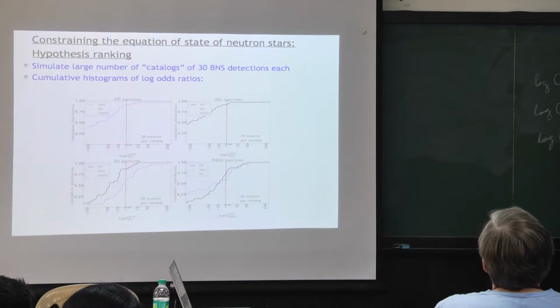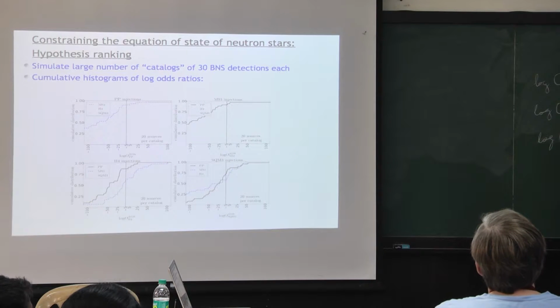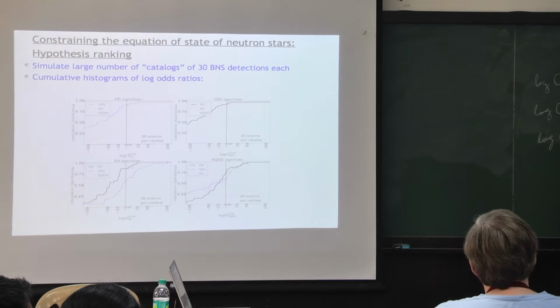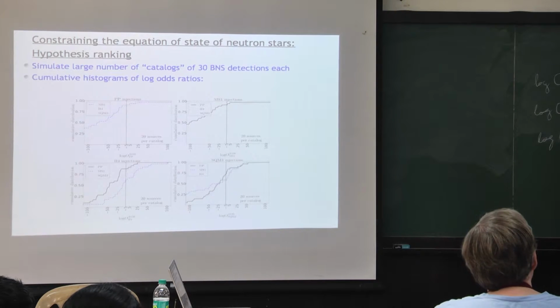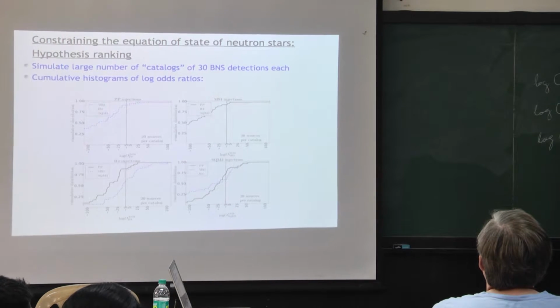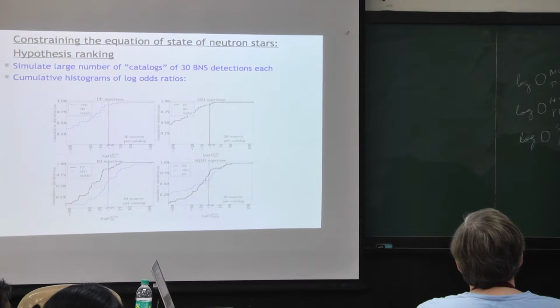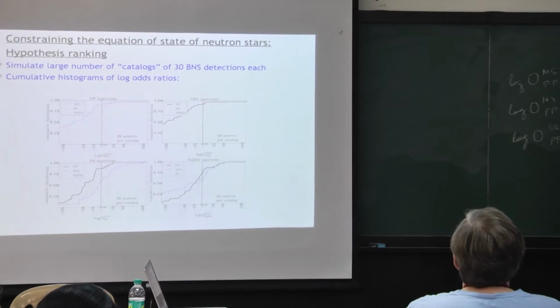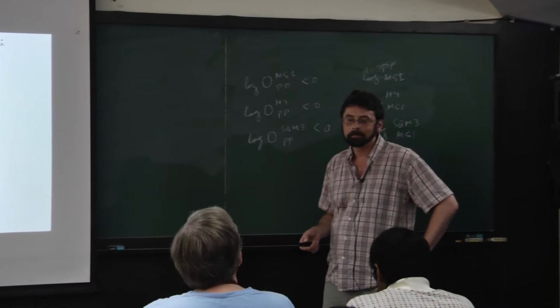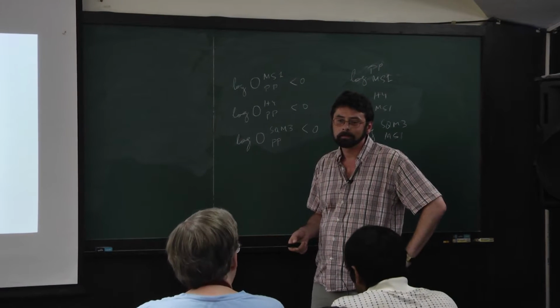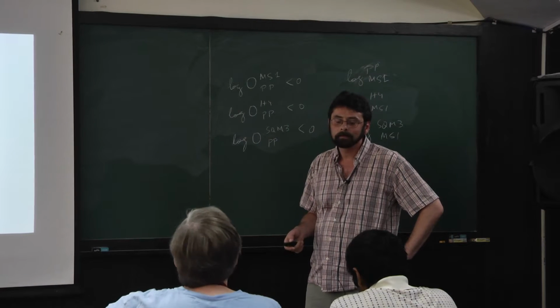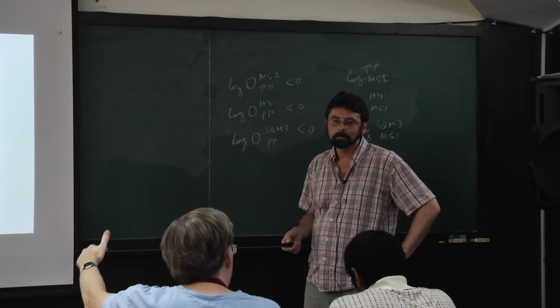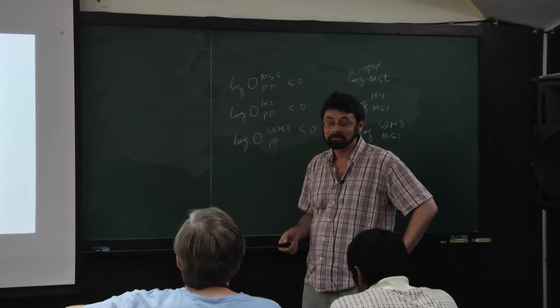What I understood an odds ratio to mean between two particular models is that if those are the only two models of the universe, and you have an odds ratio, not log odds ratio, of like 100, then you're expecting roughly only a 1 in 100 chance that the deprecated model is in fact the right one. So e to the 25 is a lot bigger than 100. Yeah, absolutely, it's absolutely enormous.